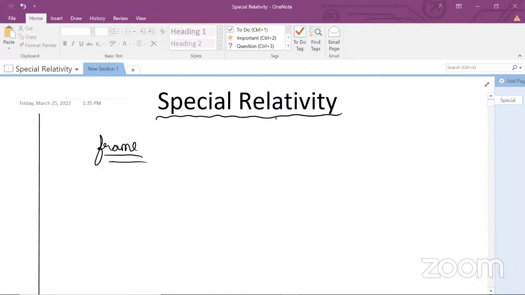So for example, if you see my screen and there is a point here, how can I tell the location of this point? I need something to measure where this particular point is, right? So I can use something called a coordinate system to measure its location.